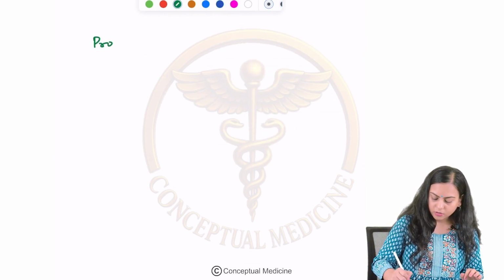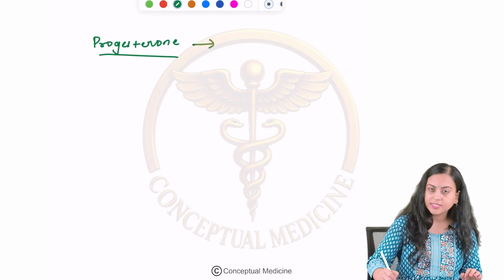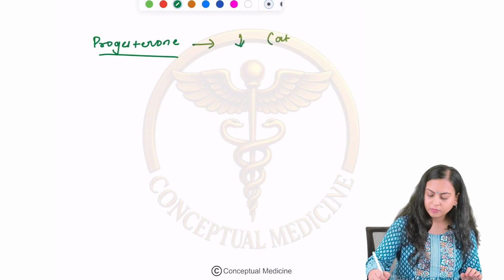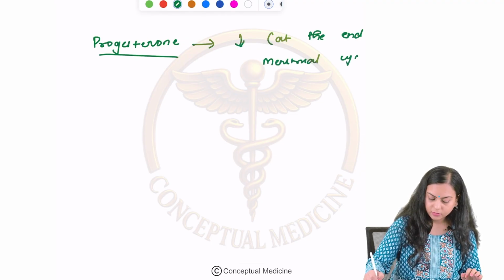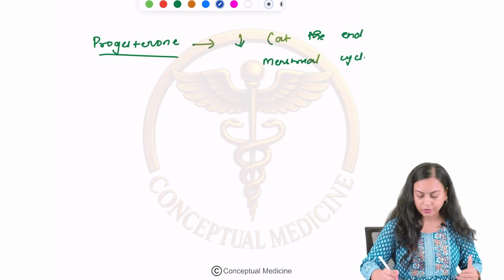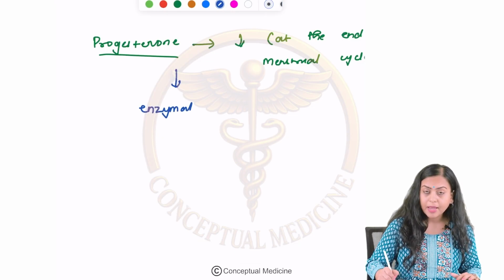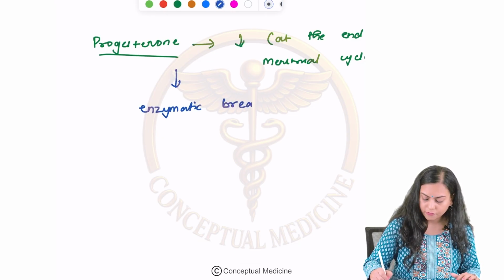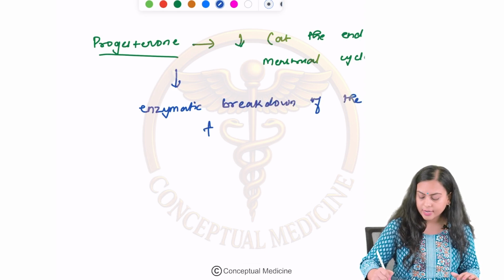Now, what happens is that progesterone falls down at the end of the menstrual cycle. So when progesterone levels are falling down, this leads to enzymatic breakdown of the functionalis layer of the endometrium.